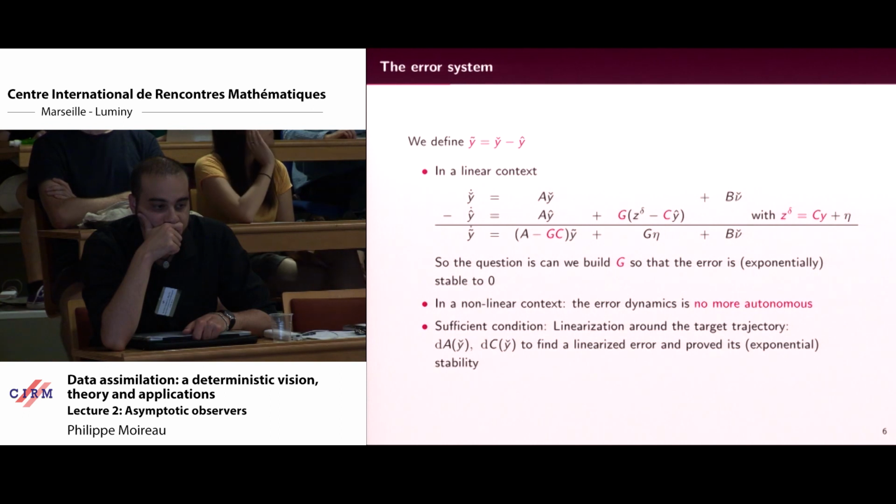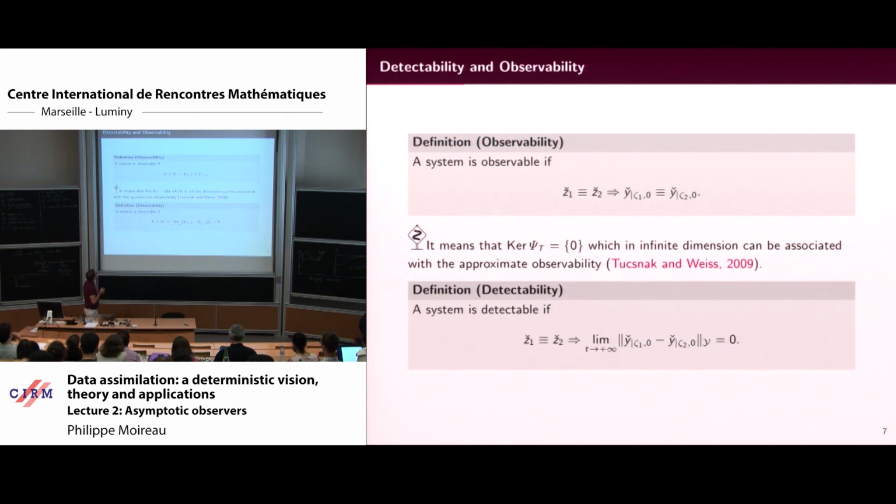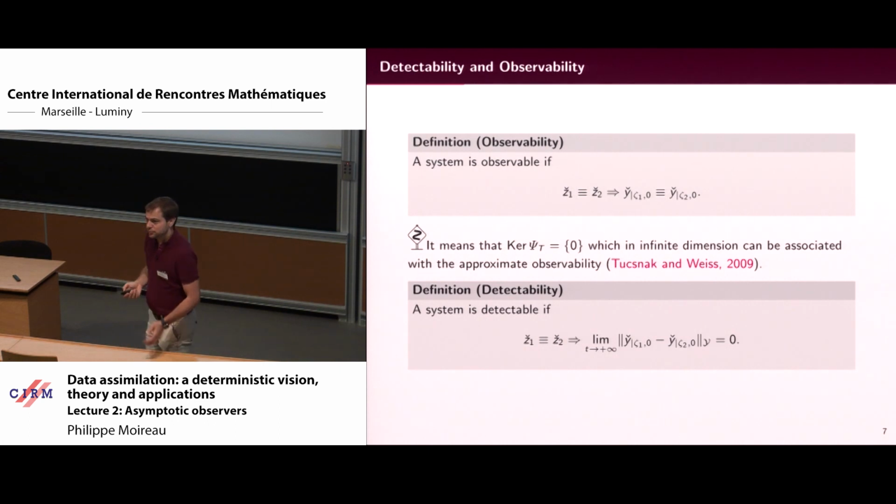Okay, in order to build this G guy, I will need to introduce some notions. The first one is what is an observable system. So an observable system is a system where if I give you two identical observations, then you get the same trajectory. Basically, in infinite dimension, it means that the kernel of the operator to be inverted is reduced to 0.